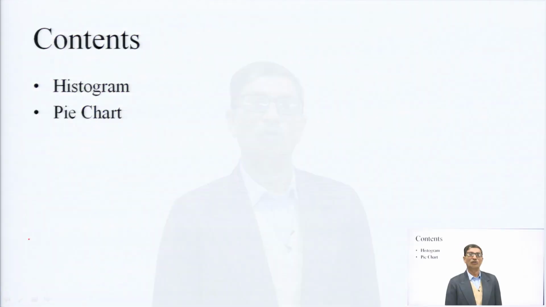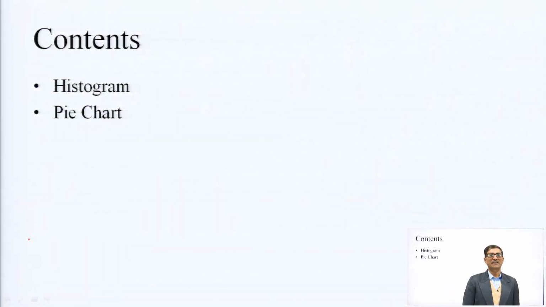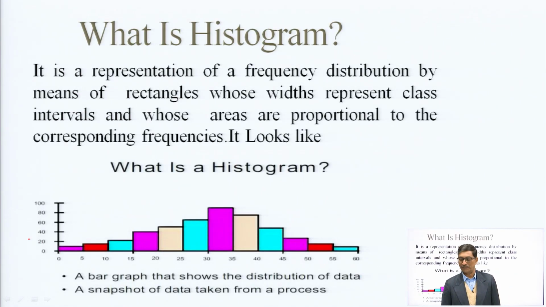The objective of this lecture is that we read about histogram and pie chart. So, first is histogram. What is histogram? Histogram is a representation of frequency distribution by means of rectangles whose widths represent the class intervals and whose areas are proportional to the corresponding frequencies, and it looks like this.